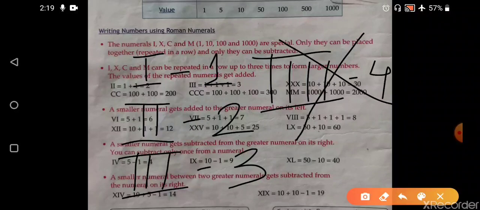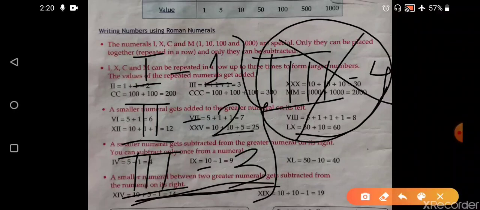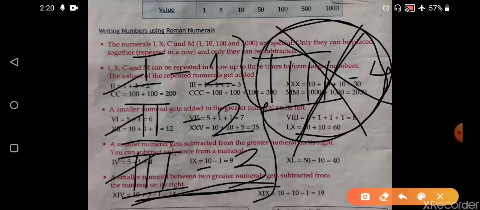So in this rule they said that only I, X, C and M can be repeated 3 times to make any number. So when they repeated I 3 times, they made 3. But for 4 they used some other rule, not the repetition rule. So 4 cannot be written like this, but 1, 2, 3 can be written like this.